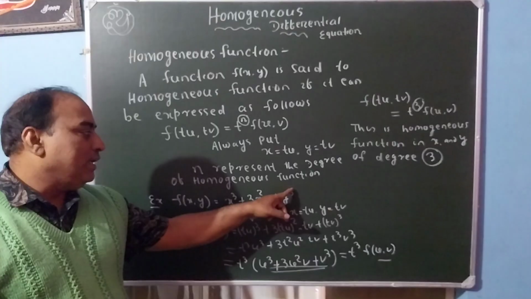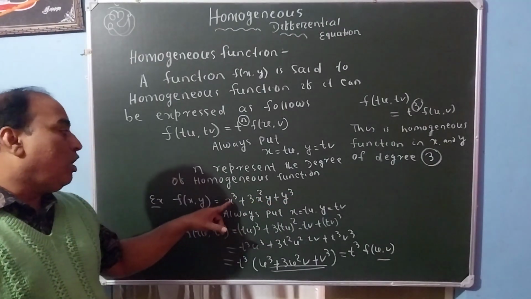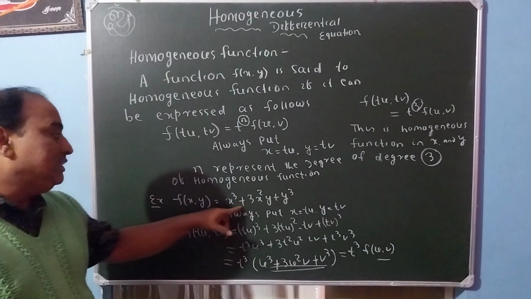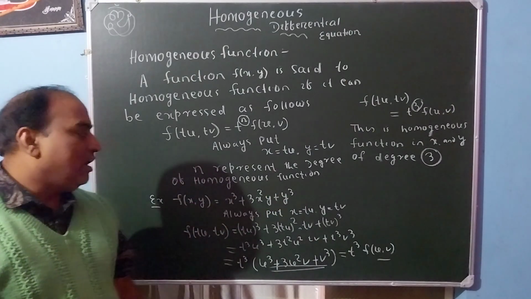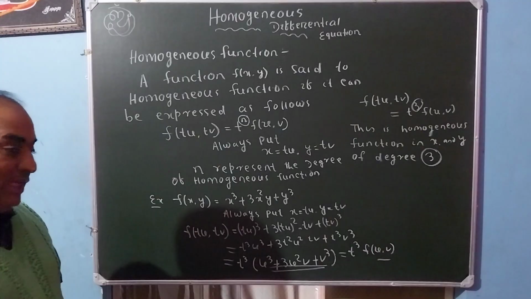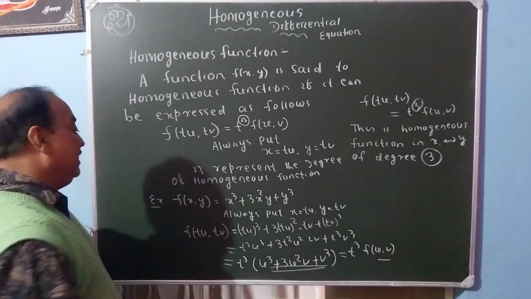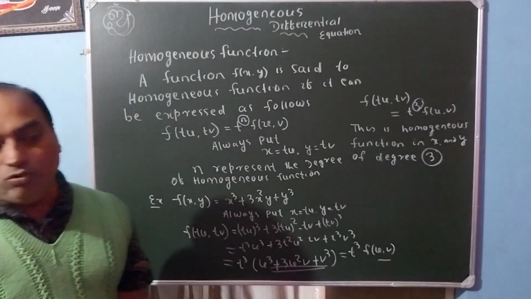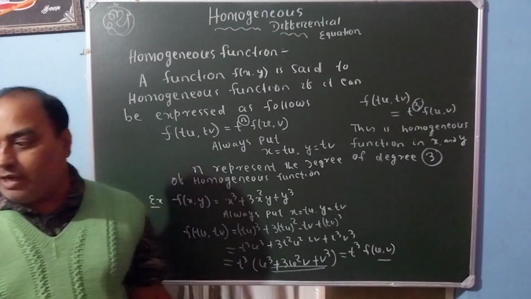The power of y is 3. So if the sum of powers of x and y in each term is 3, it is a homogeneous function in x and y of degree 3.